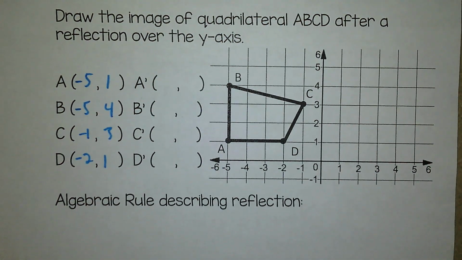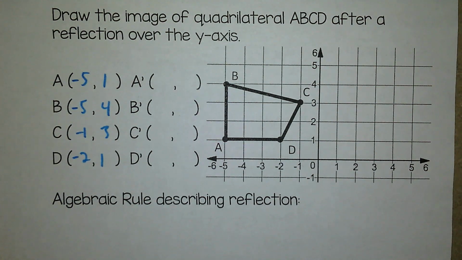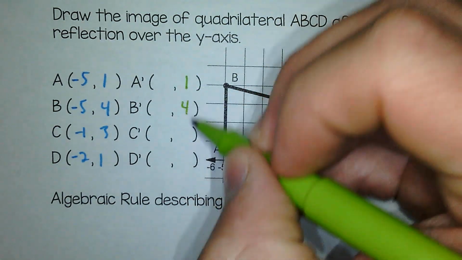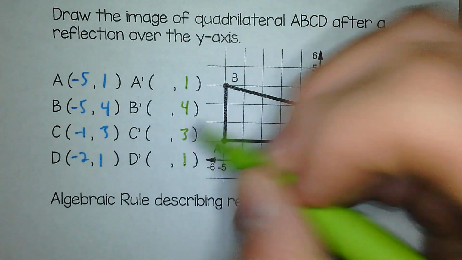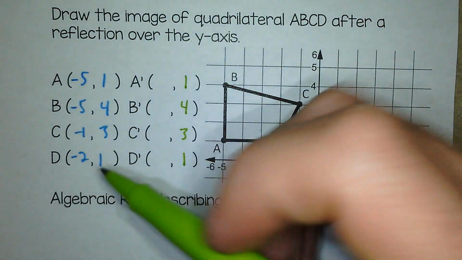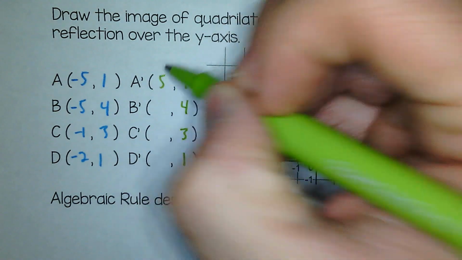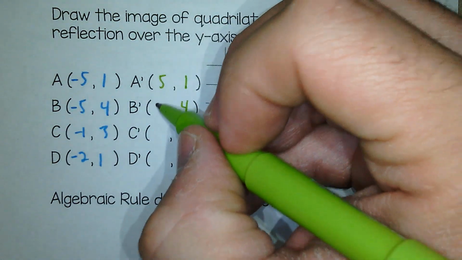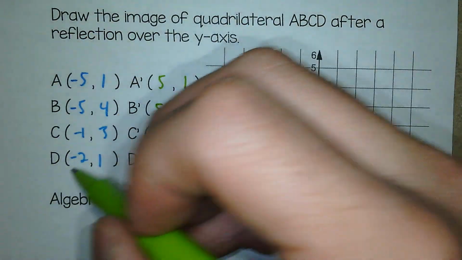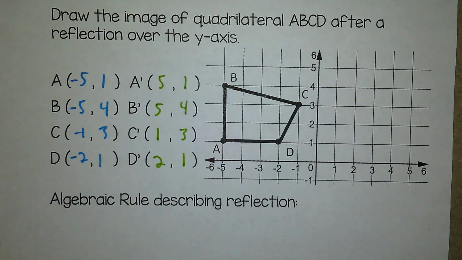If we reflect it over the y-axis, the y value does not change. So all my y values should stay the same: 1, 4, 3, and 1. But my x values are all going to change. So -5 will become +5, -5 will become +5, -1 will become +1, and -2 will become +2.